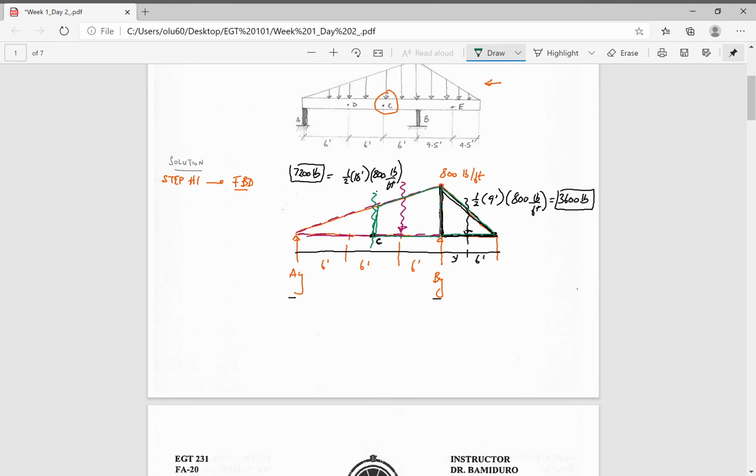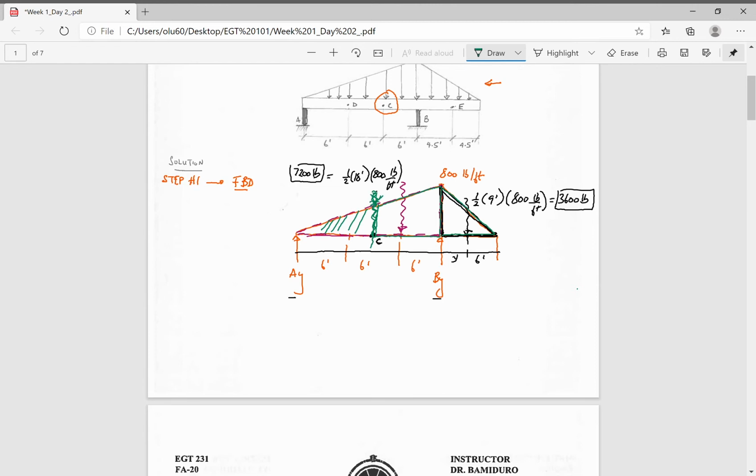So that's extra work, right? After you make a cross-sectional cut, as I expressed in my previous video, you can either take the left or the right. It'll be best to take the left side because you have a straight triangle. The only thing is we have to find out what this height right here is.